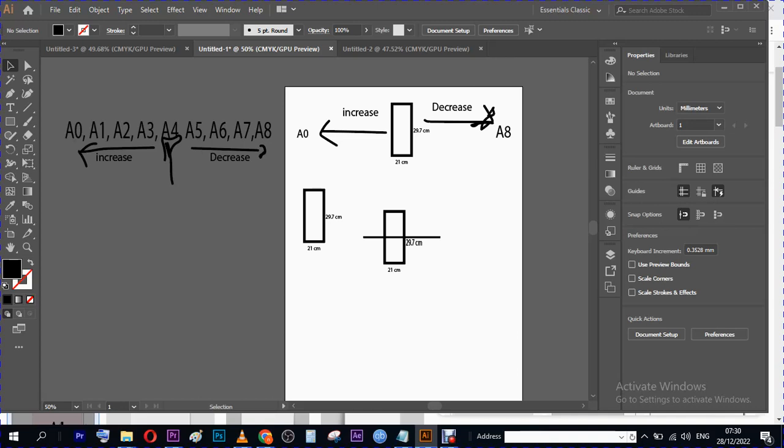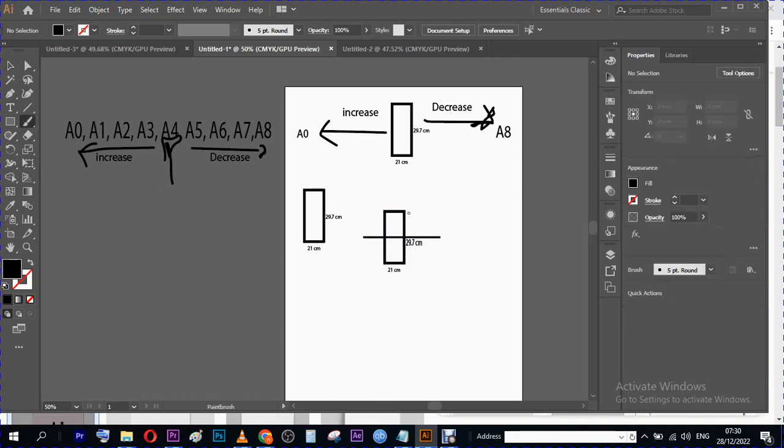So what makes an A5? It means if at all we divide an A4 in the middle but in the portrait way, the height of an A4 is going to be divided. So this is the height. Let me use this line point.